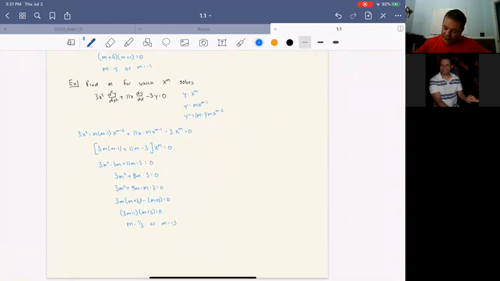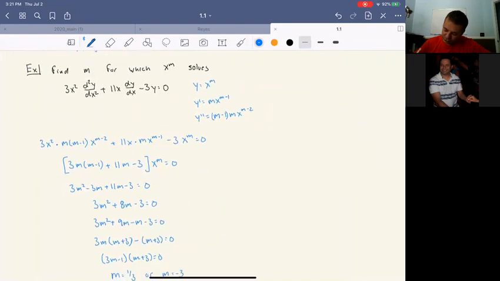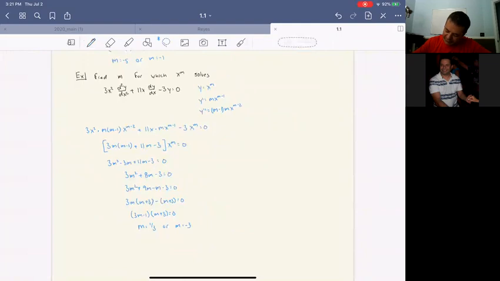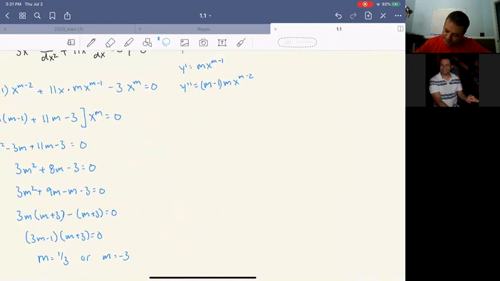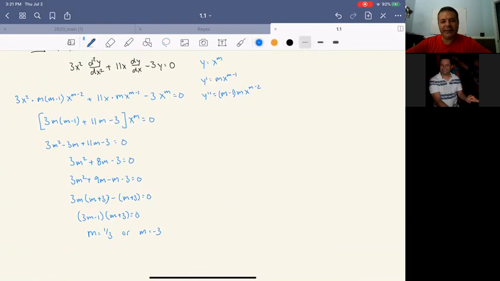So going back to the equation, our solution is going to be y equals some constant x to the 1/3 plus some constant x to the -3.